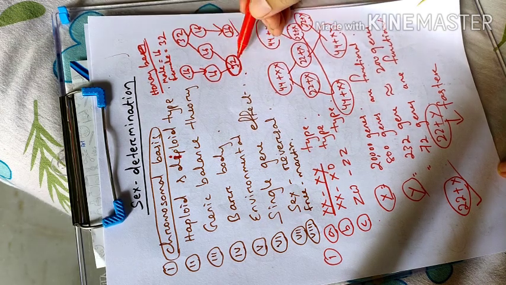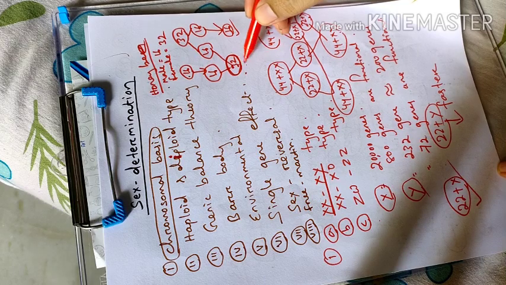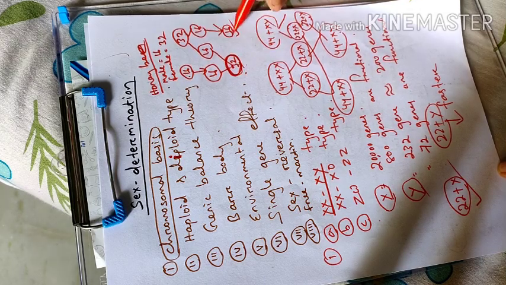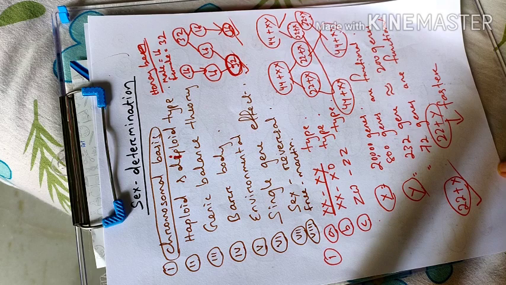If it is fed with royal jelly, then it develops into the queen. That means 32 for female and 16 for male. This is the sex determination. Thank you.